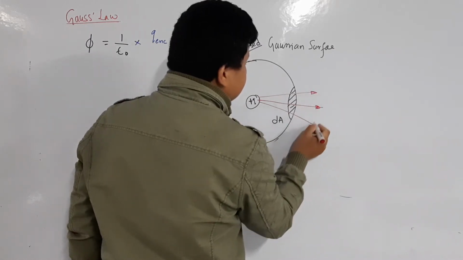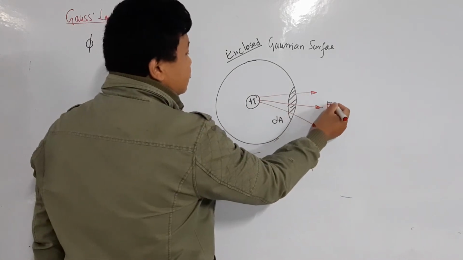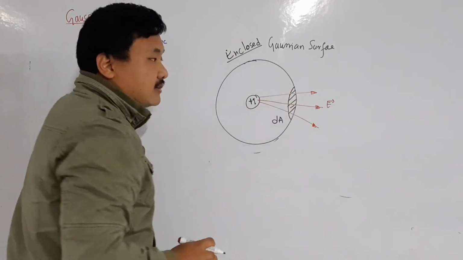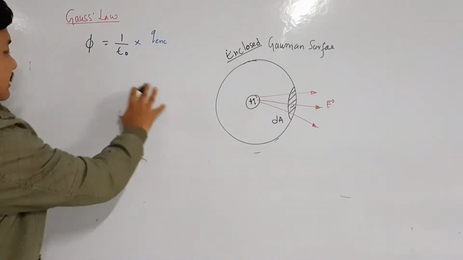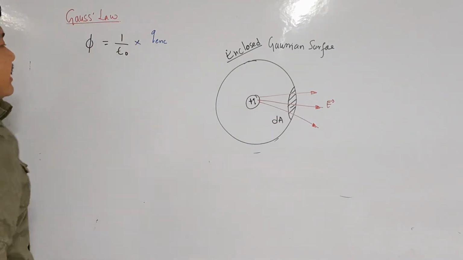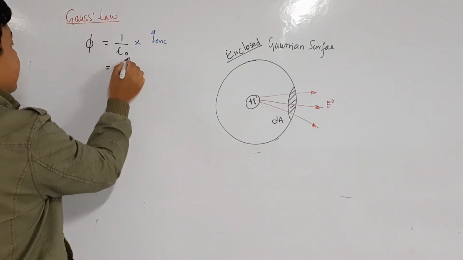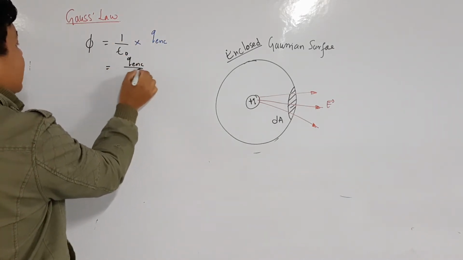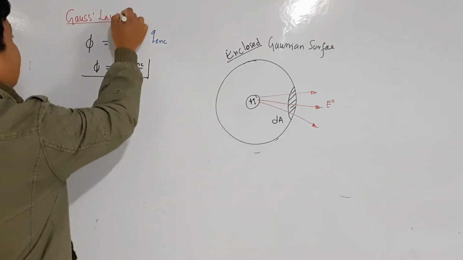I am considering only the field lines passing through this small dA, which I will use in the next lecture. So phi is 1 by epsilon naught times the charge enclosed, that is, Q enclosed by epsilon naught is the electric flux. So this is Gauss theorem.